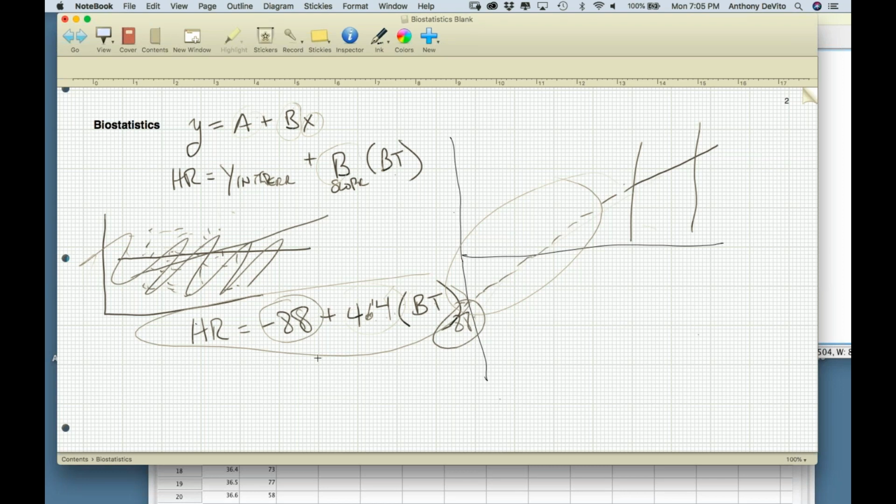Okay, so now we have a formula for this. Now, if we want, we can go back and test this formula to see how good a predictor it is for the subjects that we have in our sample.